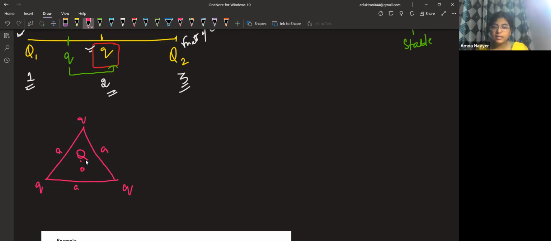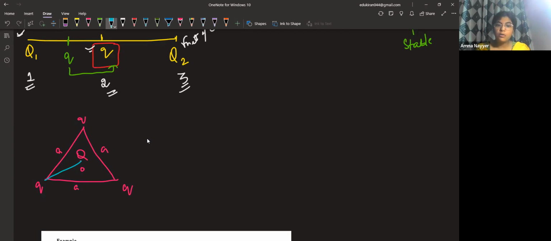When you have a symmetrical system, under your symmetrical system, the net force becomes 0. That is fine. But when we are talking about the net, when you are putting up a charge over here, now it won't be 0 because see, there would be some separation of the charge from the center. That is, at the centroid, this is kept.